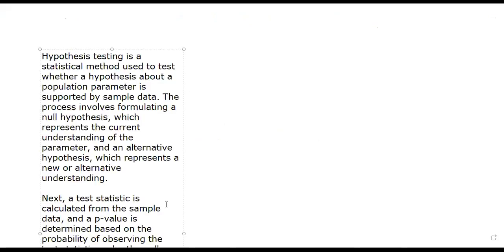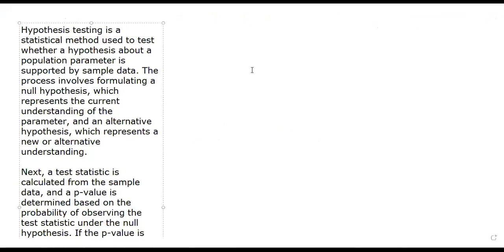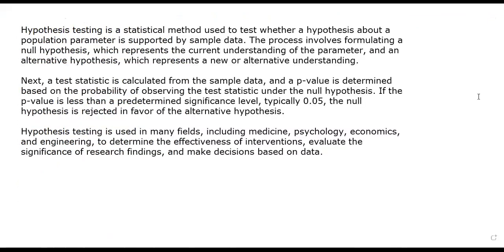So by definition, how do we define hypothesis testing? Hypothesis testing basically is a statistical method that is used to test whether an assumption about a population parameter is supported by the sample data. So hypothesis testing involves formulating the null hypothesis, which will represent an understanding of a parameter, and also includes what is called an alternative hypothesis, which will give a new alternative of the understanding.